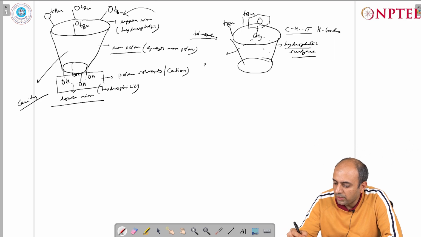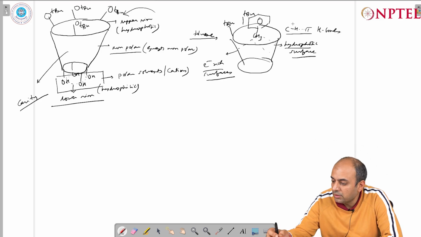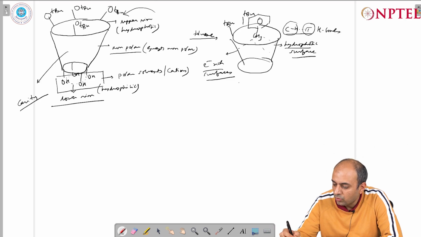So, these are electron rich surfaces. So, the CH is the donor and the pi is the acceptor, and we have these CH-pi hydrogen bonds which lead to the inclusion complex of toluene with the calixarene.